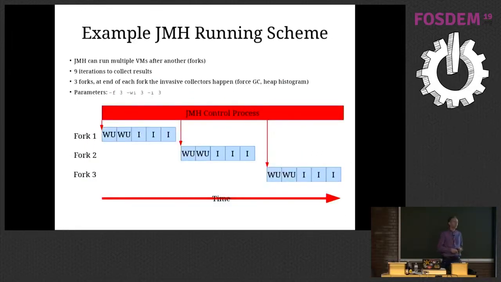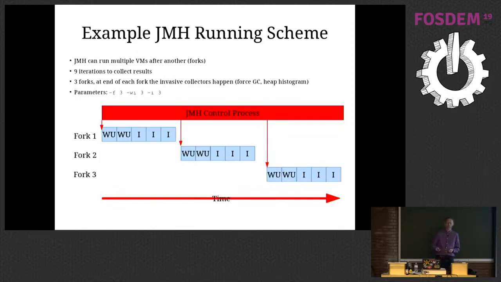So here's the example of the running scheme I use for the upcoming example results. JMH has a control process, and from that control process, it forks the measurement JVMs, and you can say how many forks JMH should do. In each measurement JVM, there are warm-up iterations and measurement iterations, and those forked JVMs run one after the other.